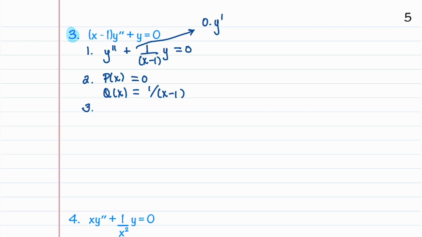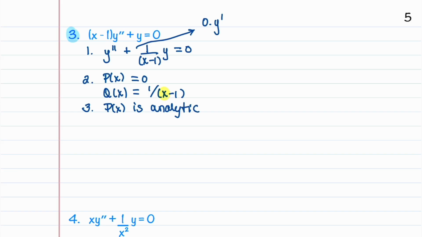In step 3, we need to look at where p of x and q of x are analytic or not analytic. P of x is equal to 0, so that is an analytic function. So let's just say p of x is analytic. And now let's look at q of x.